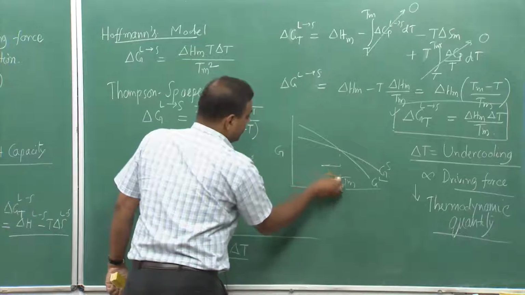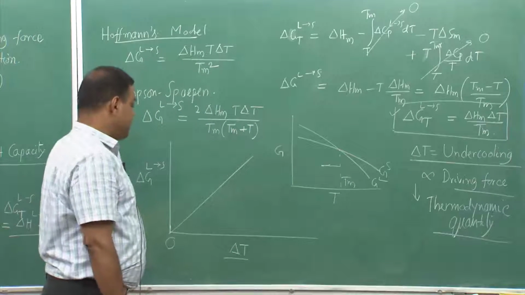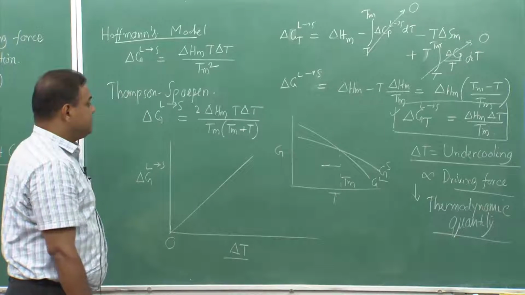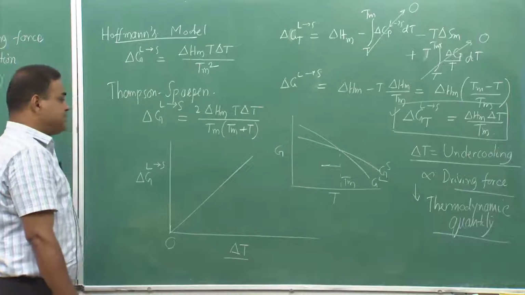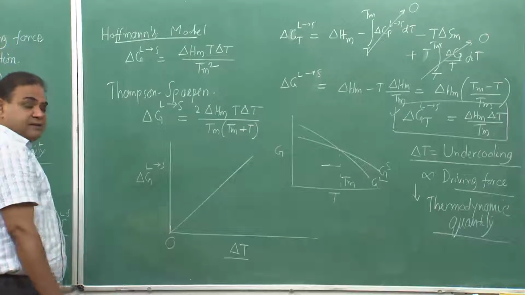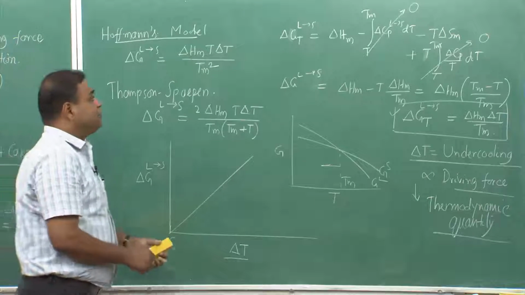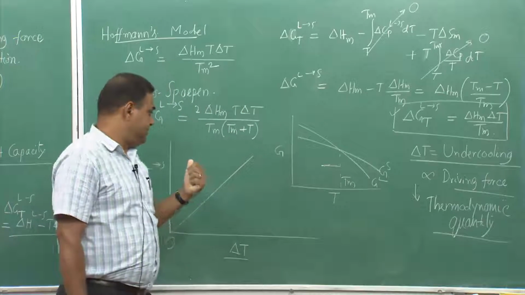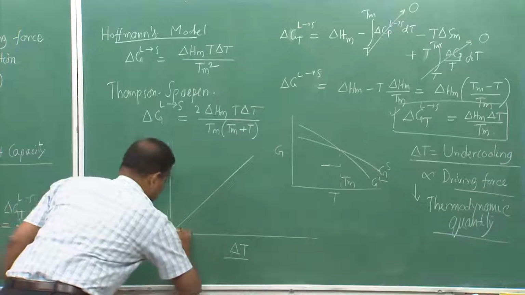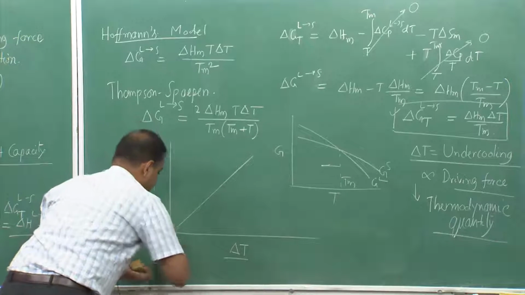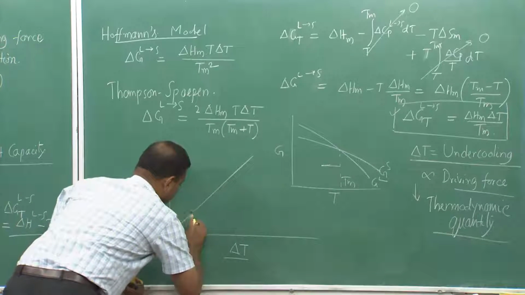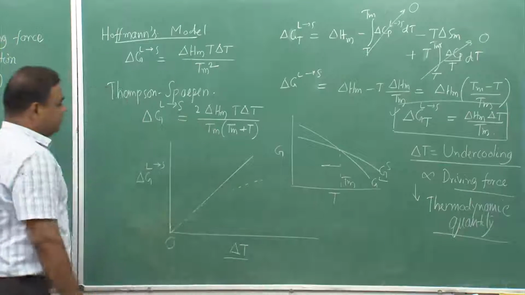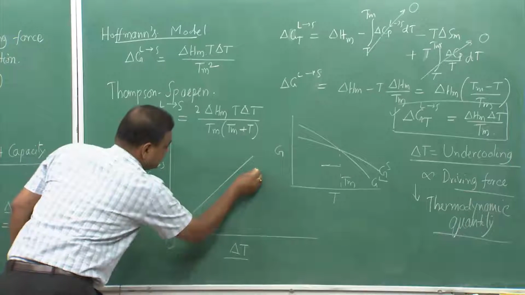As we go to lower and lower temperature below Tm, I have an increment in del T. Now, at the same time, if I try to find the experimental variation of del G, if I could find the Cp of liquid as a function of undercooling, I would get a plot, let us say, something like this.